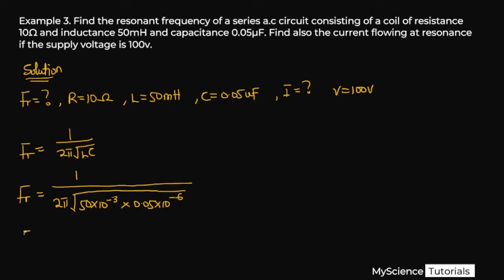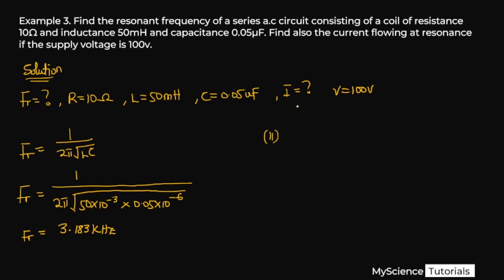If we compute everything on our calculator, we are going to get 3.183 kilohertz as our resonant frequency.